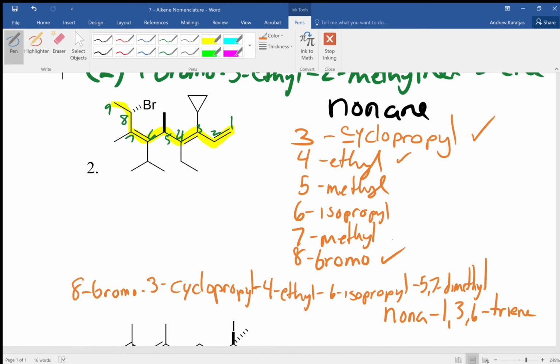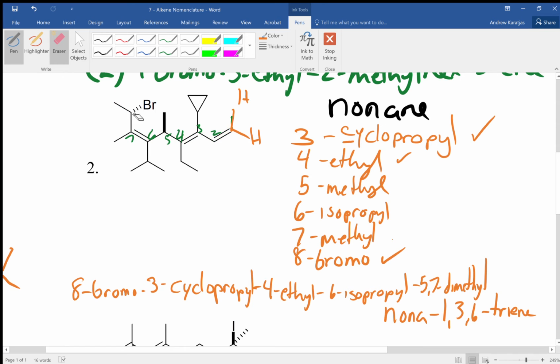Are we done? Not yet. Now we have to do E/Z and R/S. So let's start at carbon 1. So the alkene at carbon 1 has 2 identical substituents on one side. So E and Z don't apply.